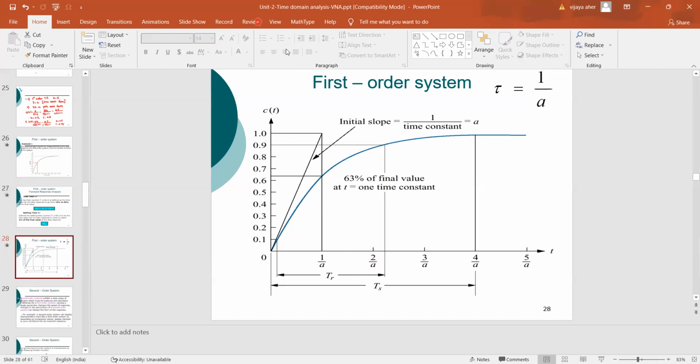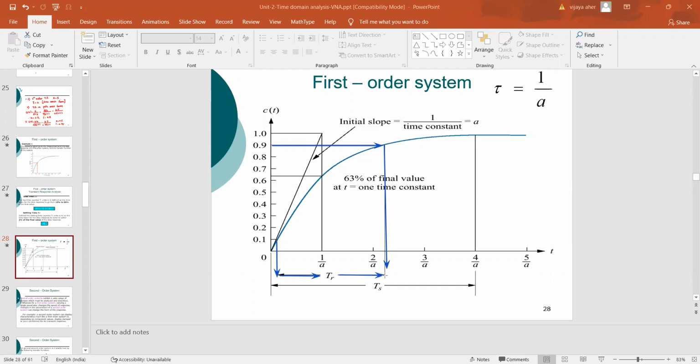Here, we have taken the student from 10% of maximum, and when your response reaches 90% of maximum, taking the projection on the x-axis, this much is nothing but your rise time.